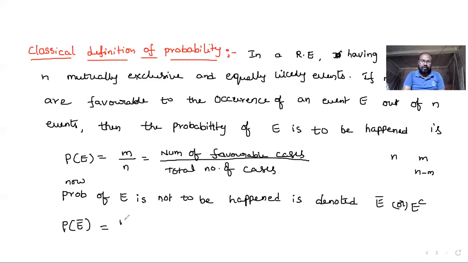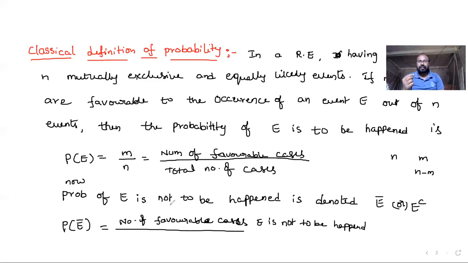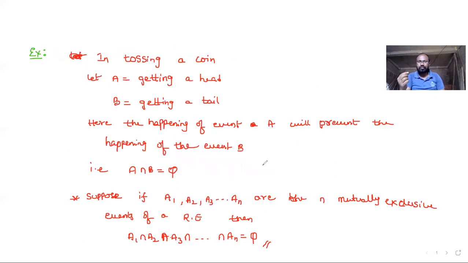The number of unfavorable cases divided by the total number of cases.